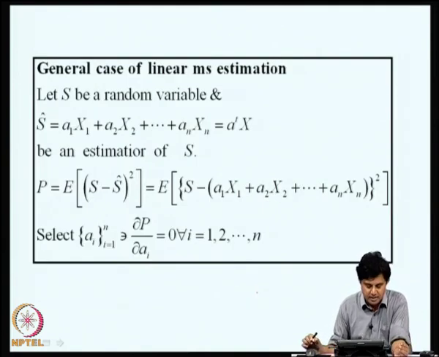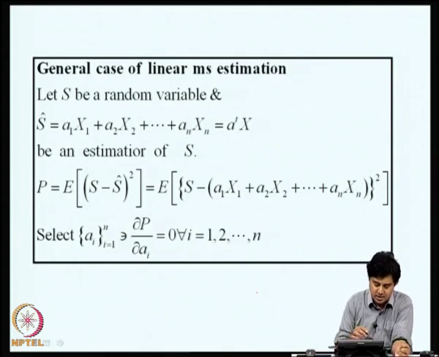Now, we can generalize the formulation to a set of n random variables. So, let S be a random variable and S hat be an estimator of S, that is A1 x1 plus A2 x2 and so on and so forth. This I can write as A transpose x. Now, how to select A1, A2, A3, An so that this capital P, the error, is minimized with respect to the AIs?